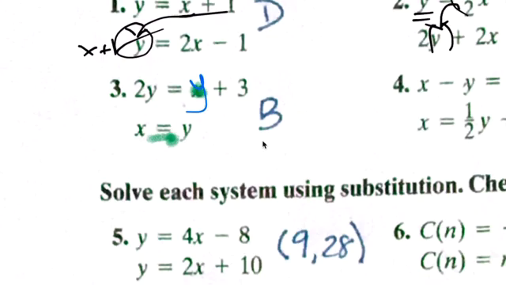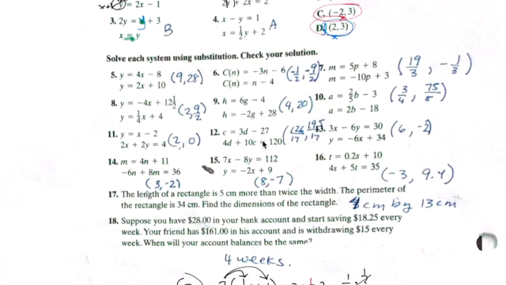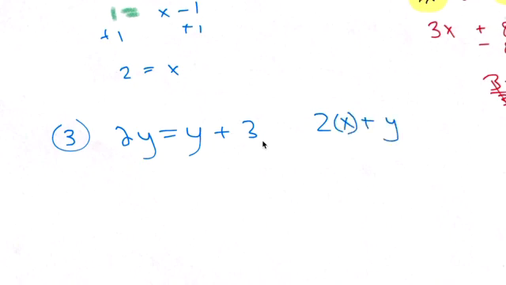And then, well, why don't we do that, right? 2y equals y plus 3. Or the other way, you put the x here, plus y, equals x plus 3.